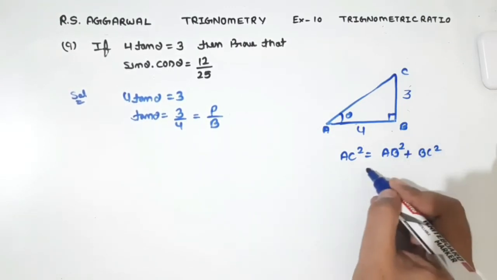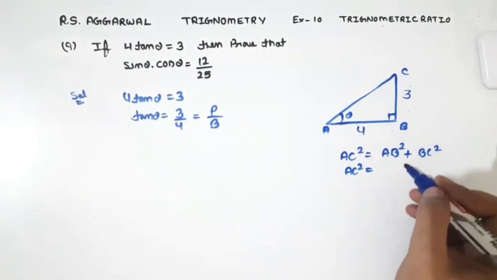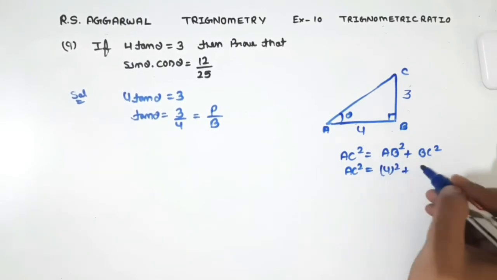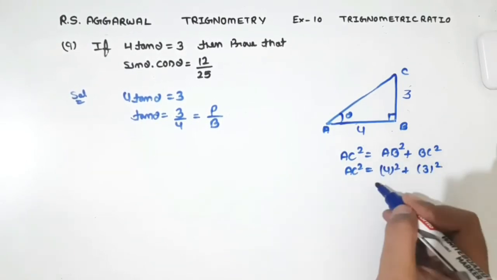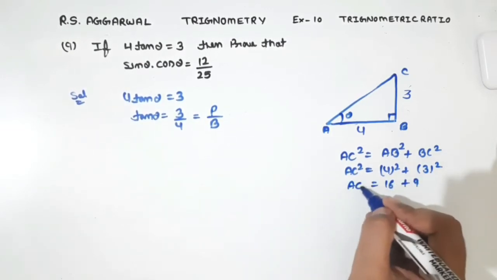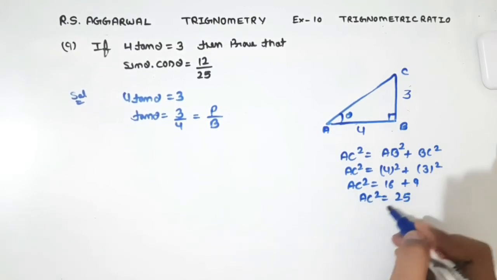BC square. So AC square will be equals to AB square, that is 4 square, plus BC square, that is 3 square. So 16 plus 9, that is AC square. So AC square will be 25. So AC will be 5.